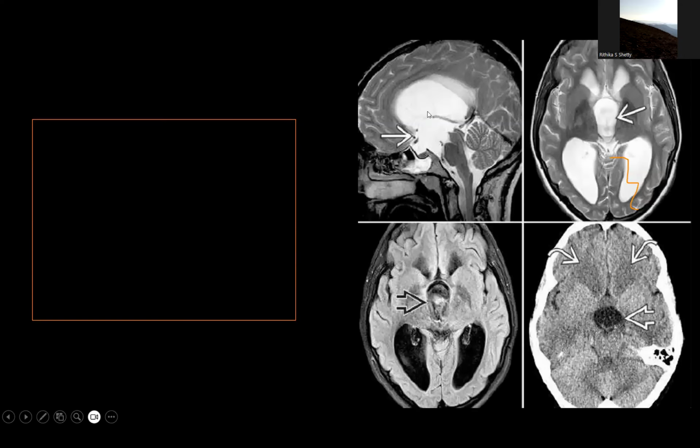Coming to the next case, here we can see a well-defined cystic lesion, which is hyperintense on T2. It looks a bit expansile and is causing hydrocephalus.